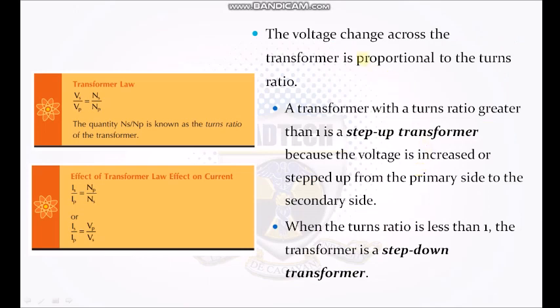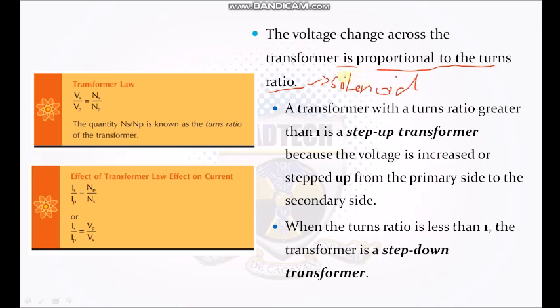The voltage change across the transformer is proportional to the turns ratio. The turns ratio is related to the solenoid, the coil of wire. Again, this is the coil of wire, and the number of turns is the number of coils in a transformer.